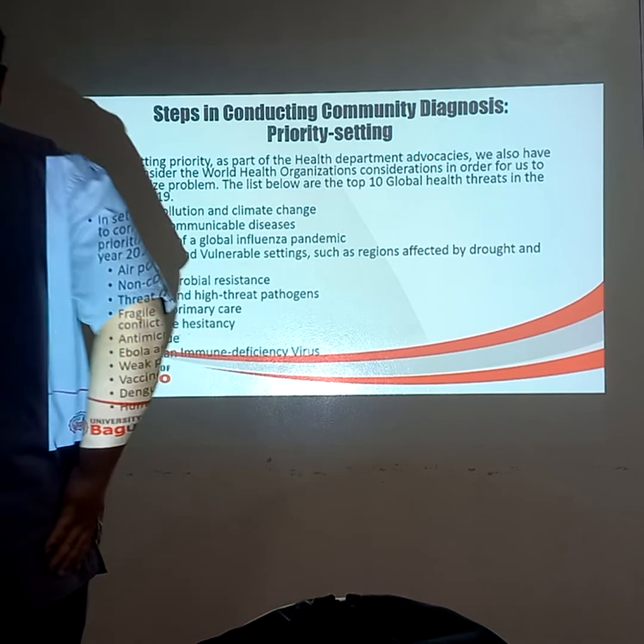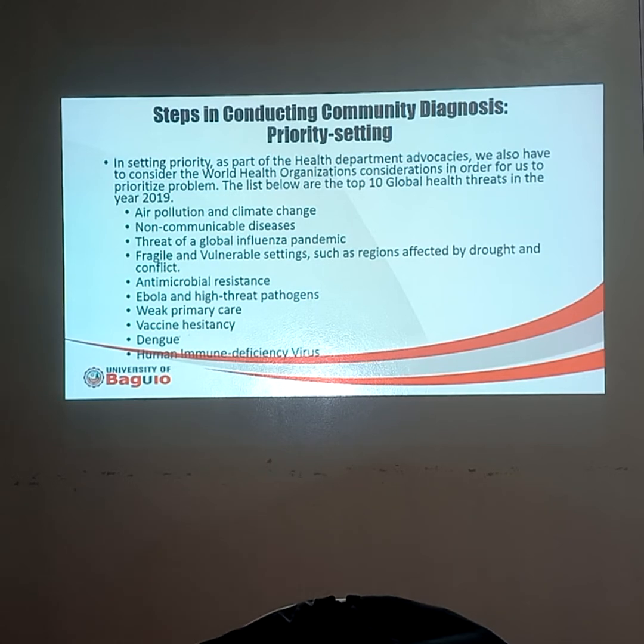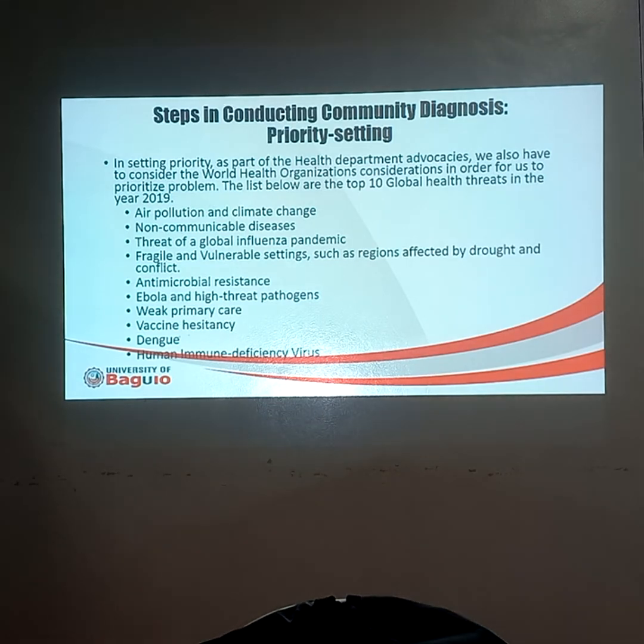Okay, so steps in conducting community diagnosis, aside from the prioritization computation, we also need to consider these things mandated by the government, especially by the World Organization, wherein our program should also focus on addressing these concerns. Number one there is your air pollution and climate change. So balang araw, baka naman bigla ka magtayo ng iyong foundation.